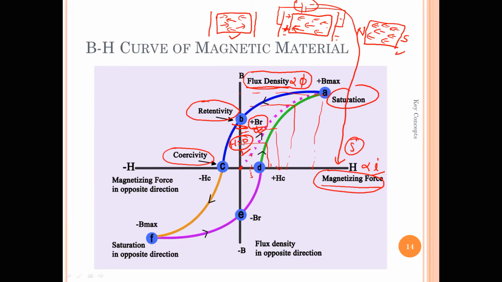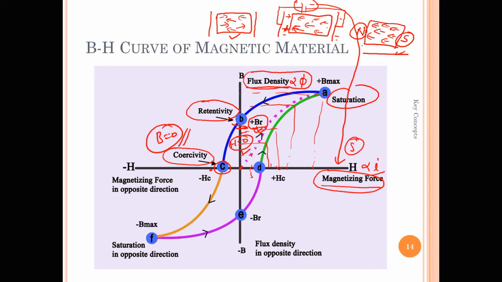The same thing, from another perspective. Once your magnetic material is magnetized, look at this point, which is coercivity, where B is equal to 0. What does it mean? It means your material doesn't have any external field. Your magnet is demagnetized.